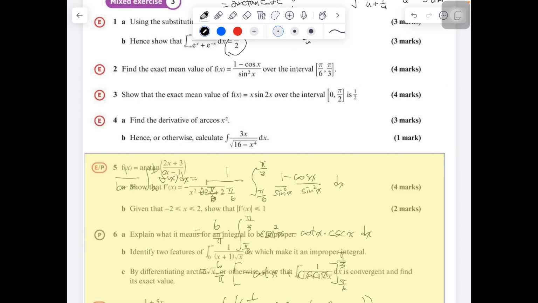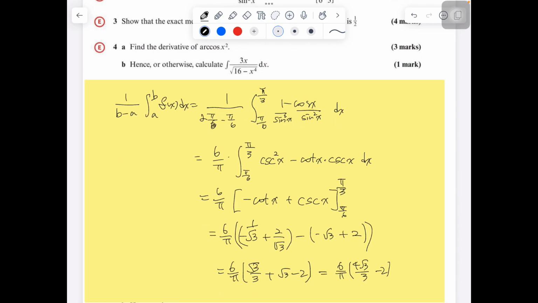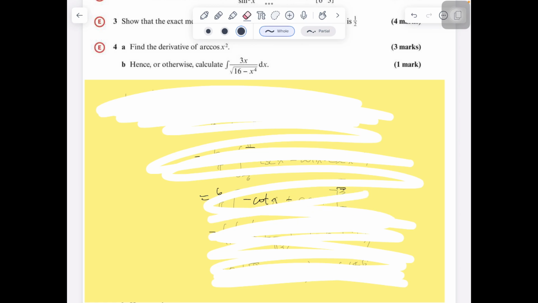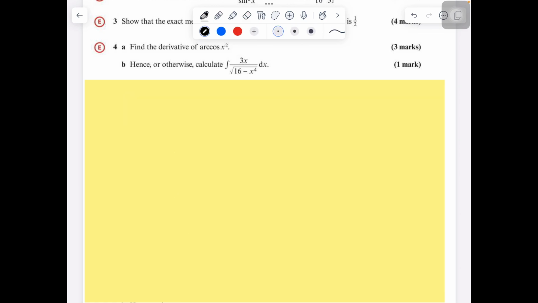So let's go for number 4. Arc cosine x squared. So now let's find the derivative of that. So this is the chain rule. We know the derivative of arc cos x, so let's say arc cos u.